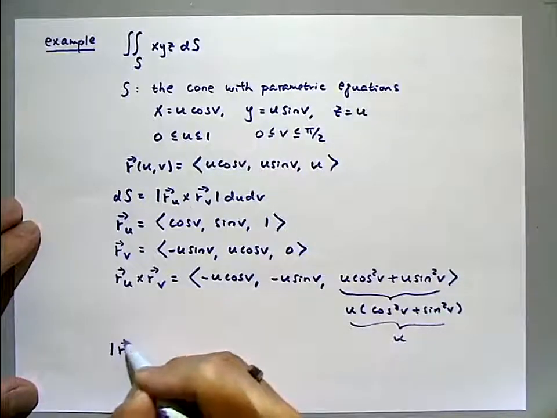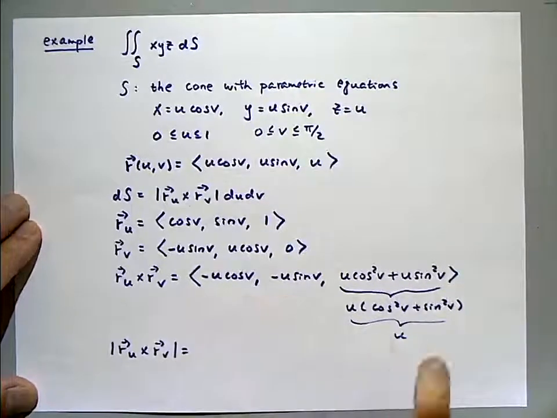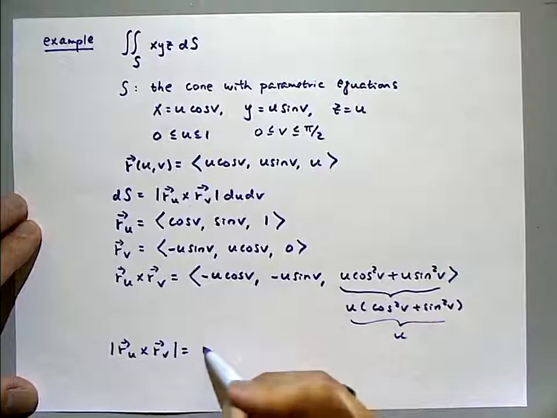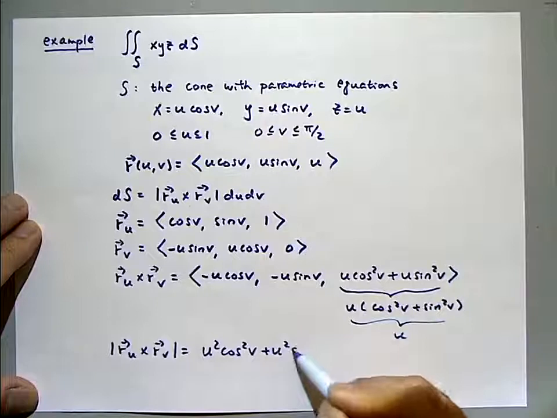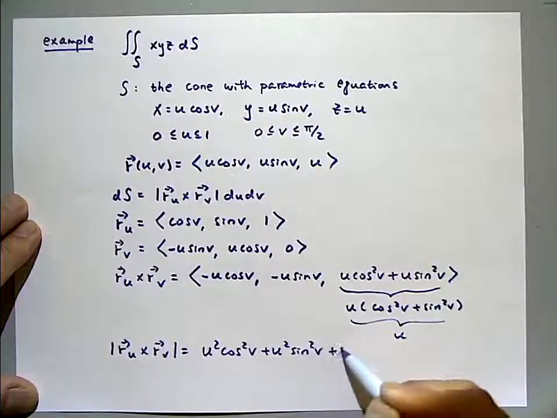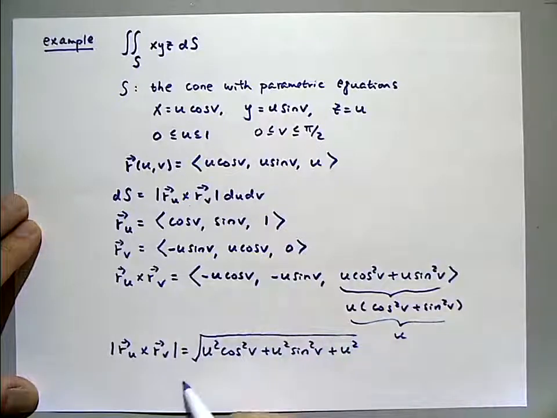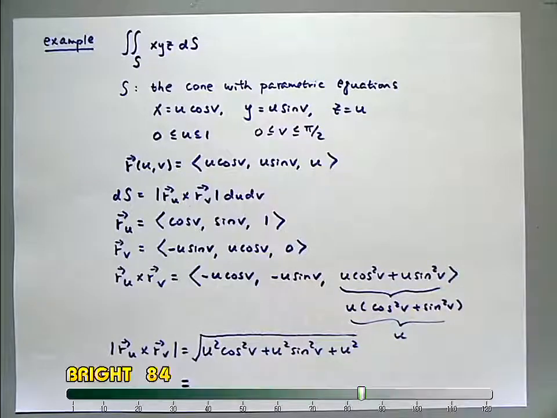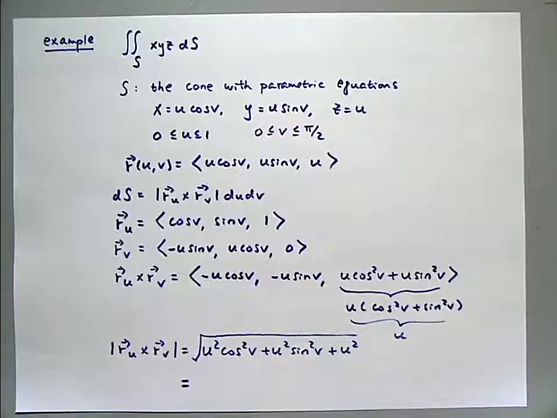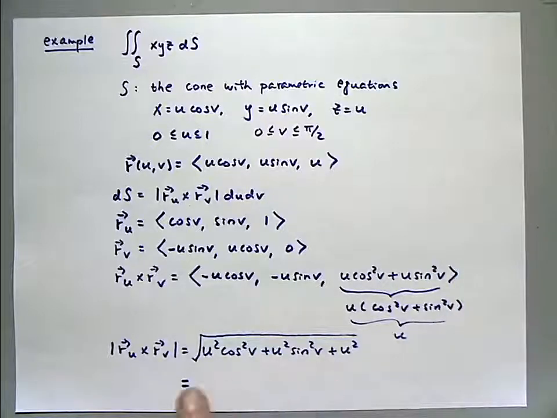And that's going to simplify the magnitude calculation. Square of this plus square of that plus square of that, all of that under a root. And then the first two things added together, just like this one right here, give you u squared.